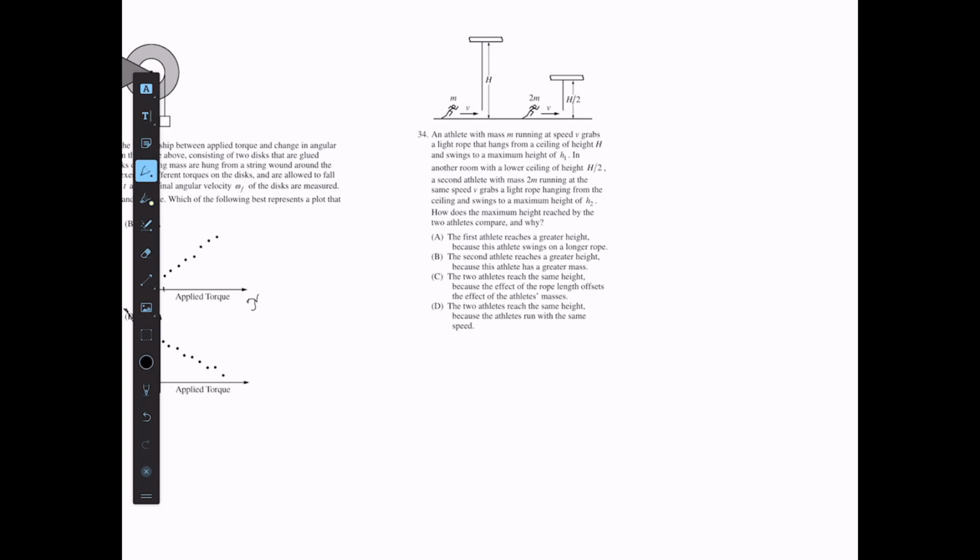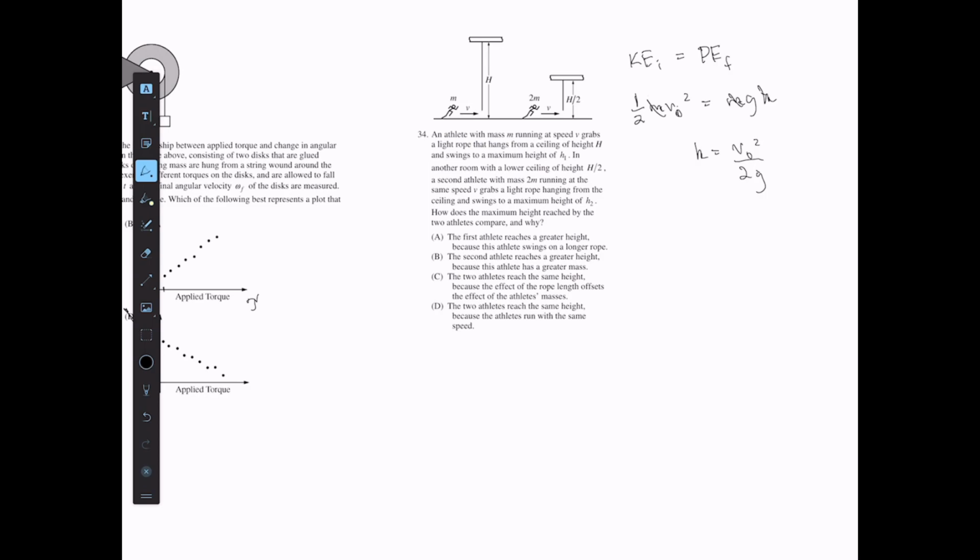So this is conservation of energy. They all have initial kinetic energy, and when they reach the max height, it's going to be potential energy. So 1/2 m v initial squared is equal to m g h. So h is equal to, masses cancel out, initial velocity squared over 2g.